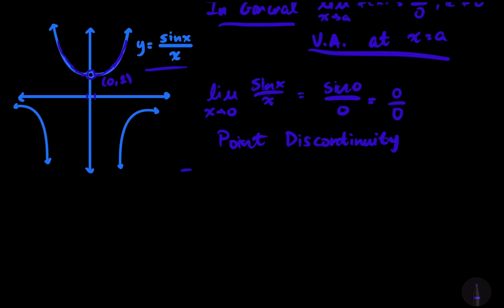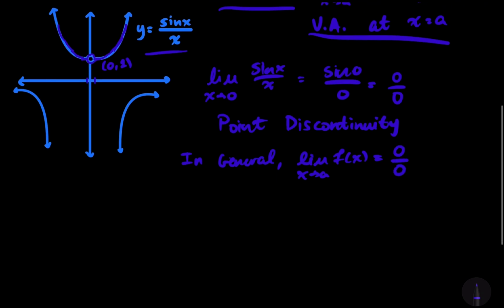But in general, we're just making some generalities over here. If we have the limit as x approaches a of f of x, and by direct substitution we get 0 over 0, then we'll have what we call a removable discontinuity, or point discontinuity.